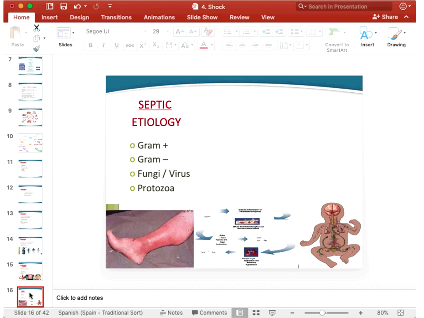The septic shock, this is a quite common cause, and you need to be aware of this. Before the patient falls into shock, he started to develop an infection with the SIRS. That means a systemic inflammatory response syndrome.